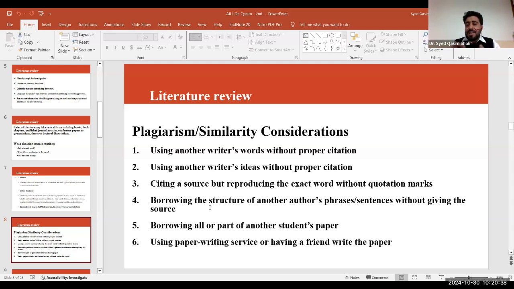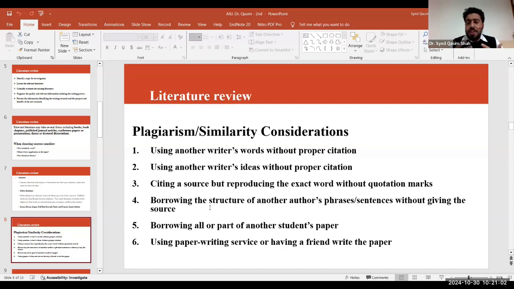It means you are indicating that these are not your exact words, rather you are quoting someone. So again, you are citing and using the quotation marks. It means that doesn't fall under the plagiarism policy. You are borrowing the structure of another author's phrase or sentence without giving the source. You are borrowing exactly what that author is doing, and you are not giving any source.